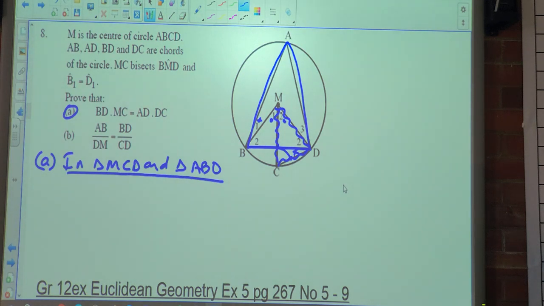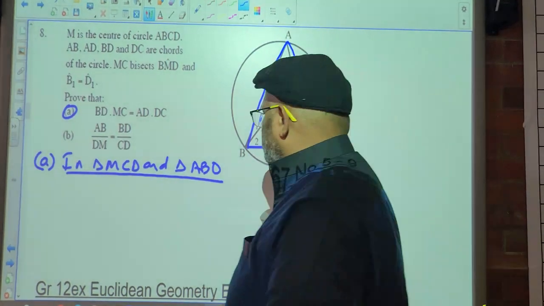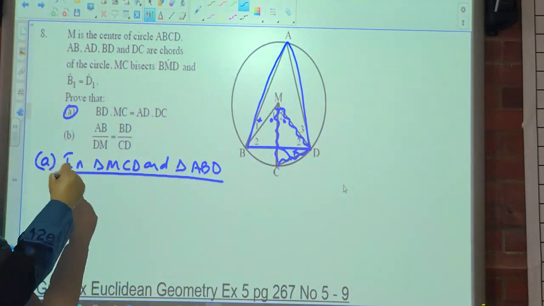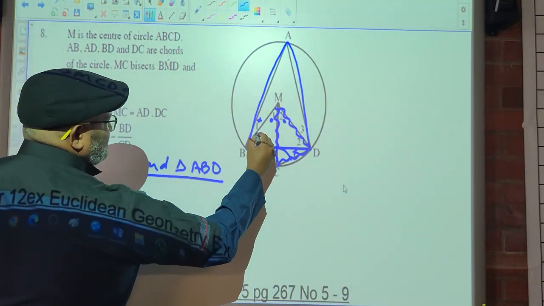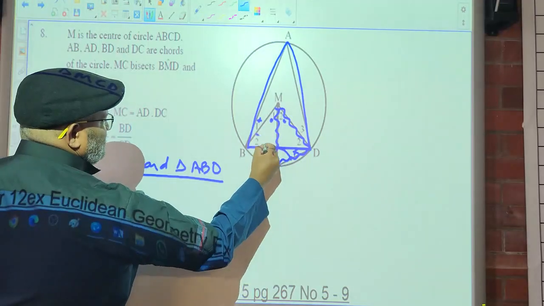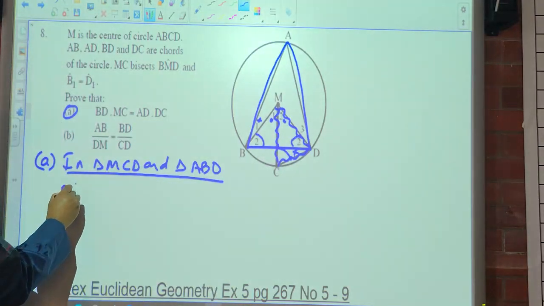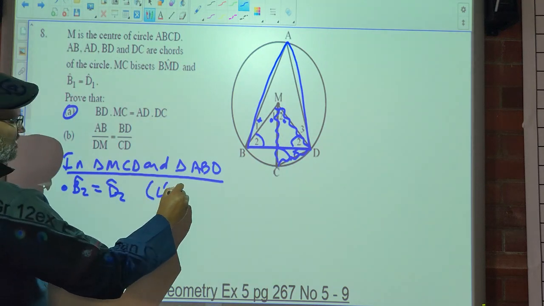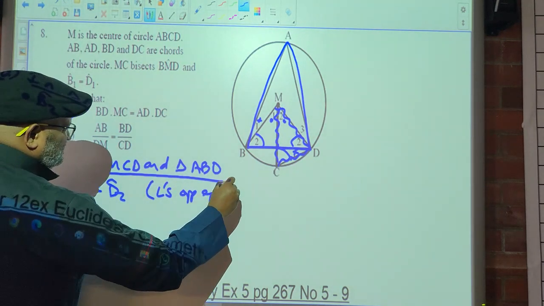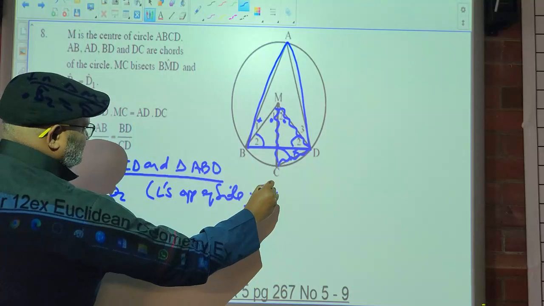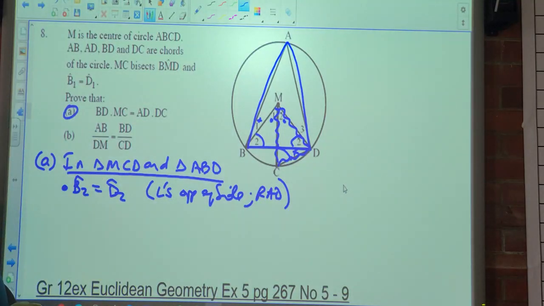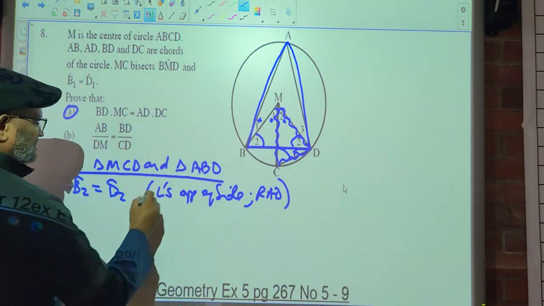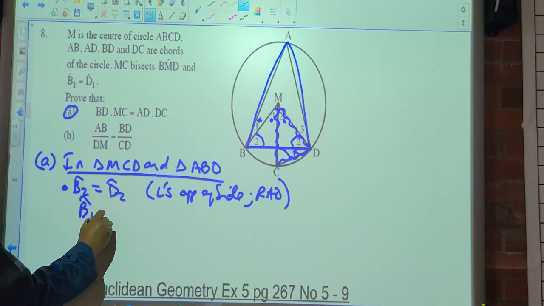Given, yes. Okay, so stop there. You're on the right track. So what she said was B2 is equal to D2. Why? Angles opposite equal sides. Why? Radius. Right. Now you see that B1 is equal to D1.